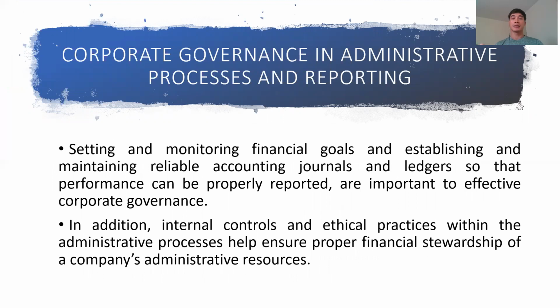Setting and monitoring financial goals and establishing and maintaining reliable accounting journals and ledgers so that performance can be properly reported are very important to effective corporate governance. Furthermore, internal controls and ethical practices within administrative processes help ensure proper financial stewardship of a company's administrative resources.